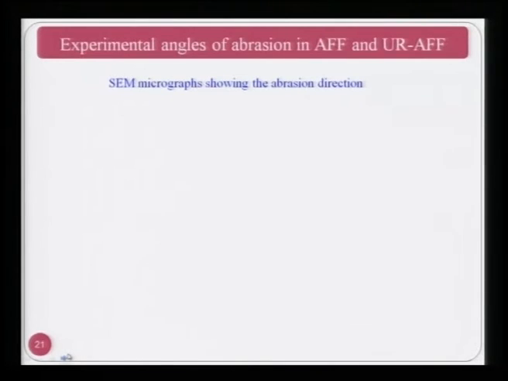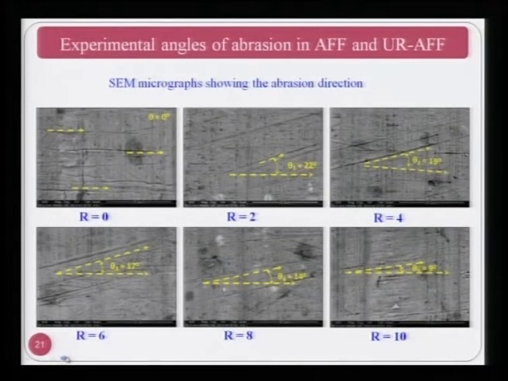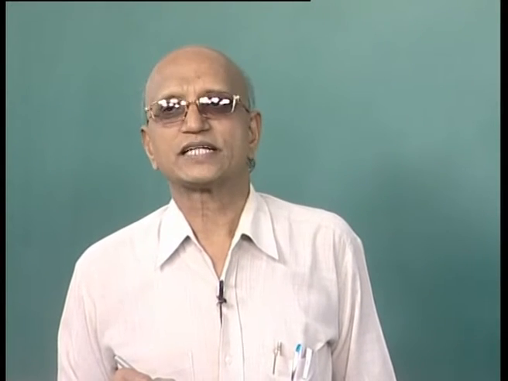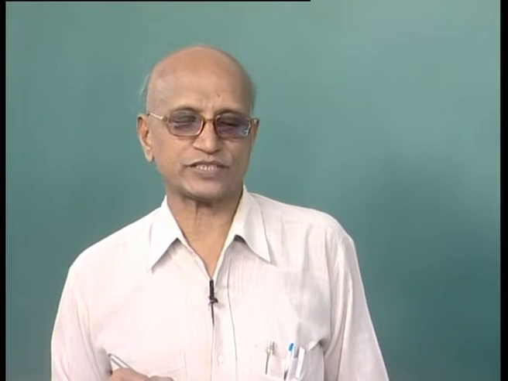Experimental angles of abrasion in abrasive flow finishing and universal rotary abrasive flow finishing. As a scanning electron microscope micrograph showing the abrasion direction, we have taken some pictorial views of the finished surface to find out the angle at which the abrasive is removing material from the workpiece in the abrasive flow finishing process and the rotary abrasive flow finishing process.